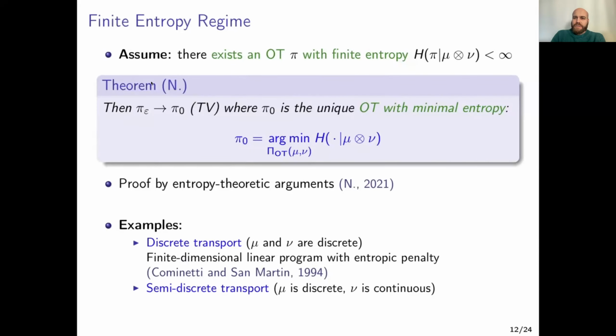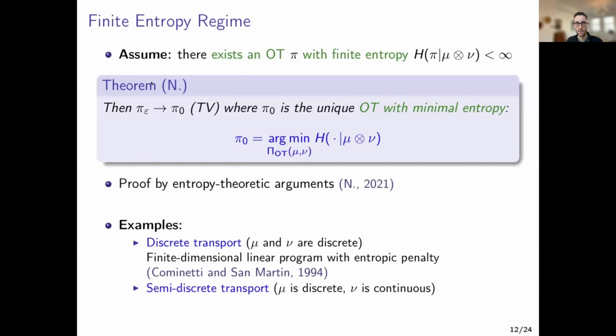Actually, I have a question, Marcel. The cost function only enters in the constraint pi OT in the set, no? Correct, exactly. We are only looking at couplings that are optimal transports, so this depends dramatically on the cost function.